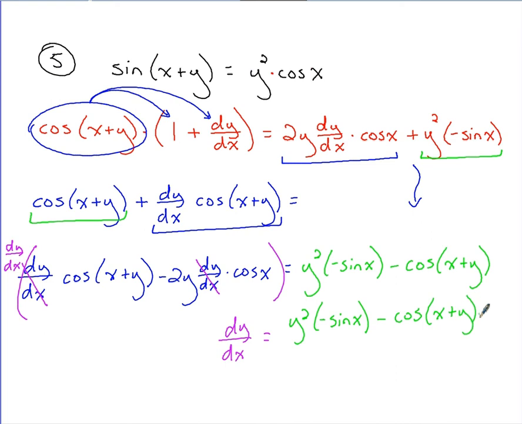That green mess divided by the blue mess we've got to bring over. So that was the cosine of x plus y minus 2y cosine of x. There's your dy/dx.